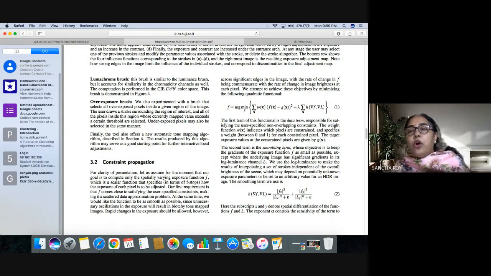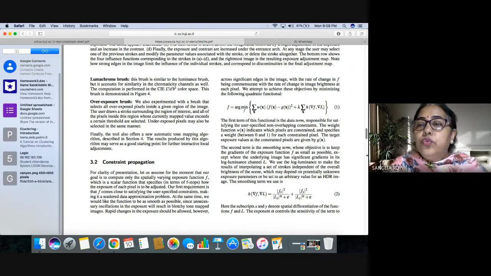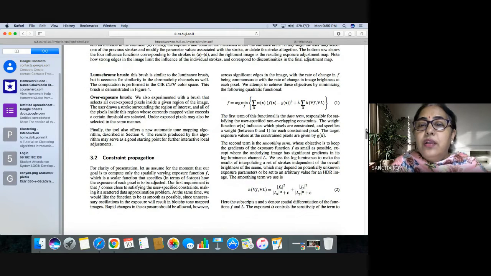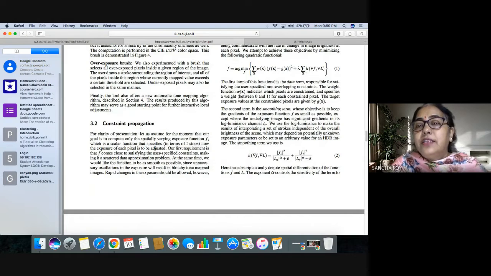The second term is always the smoothing term, whose objective is to keep the gradient of the exposure function f as small as possible, except where the underlying image has significant gradient in its log luminance channel L. So in this equation 2, the exponent alpha is a very important thing.